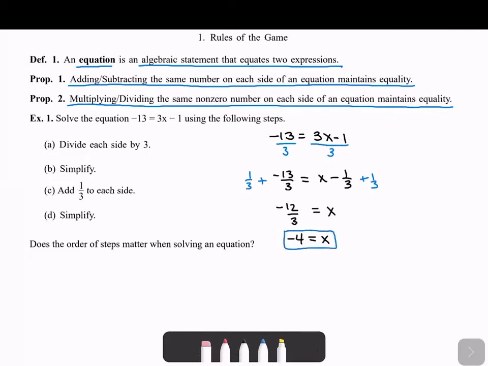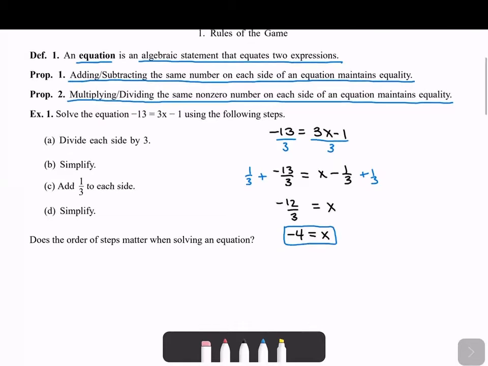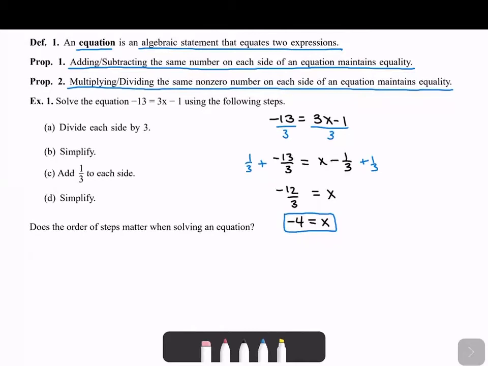Whenever you're told to solve an equation like this, it may not feel good to you to do it in this way, and that's fine. The order of these steps was chosen to be kind of odd, kind of different than what we would typically do. Typically, we would solve this in a different way, but the order of steps matters, but also doesn't matter. You have a lot of leeway in the order of steps, as long as the properties of numbers and equations aren't violated.